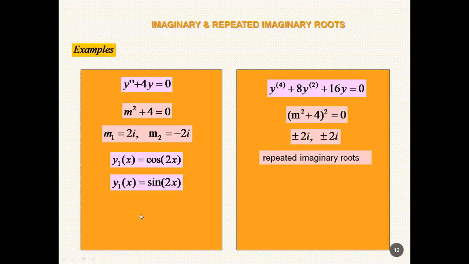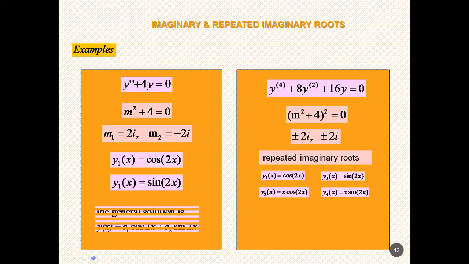If this is the first pair, the second pair should be altered, made unique by multiplying it with the independent variable, just like the way we do it with repeated real roots. So you have this one for the first pair, and you have this one for the second pair, just like the way you have altered the real repeated roots.